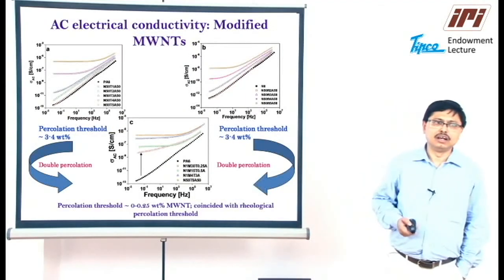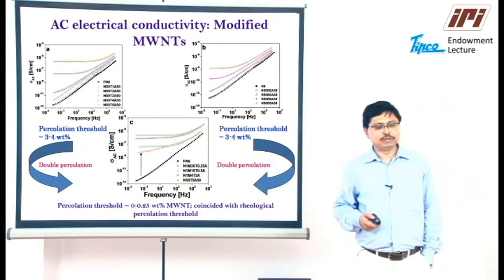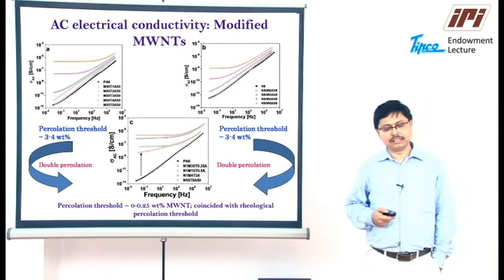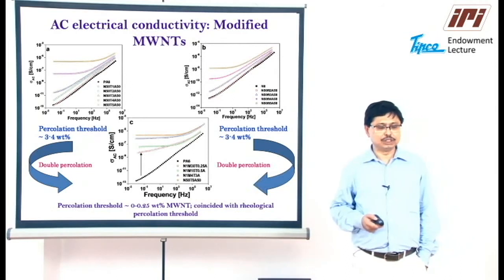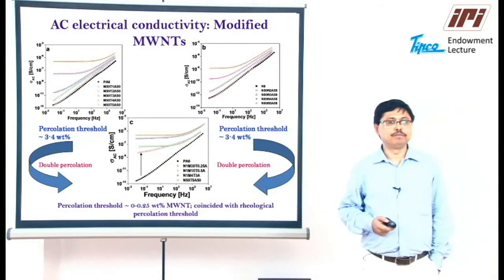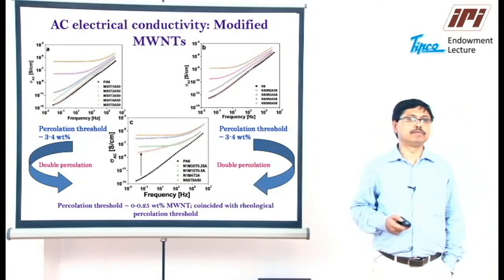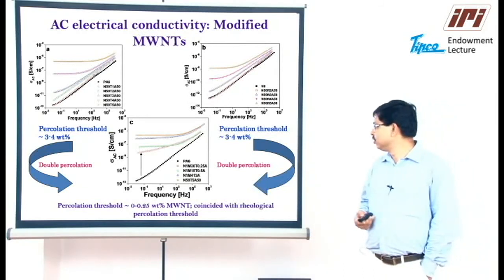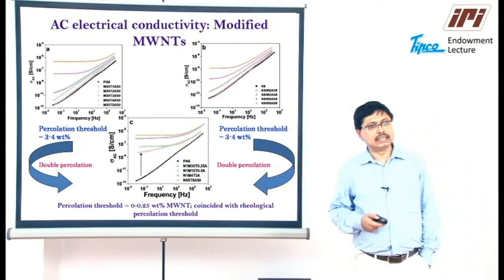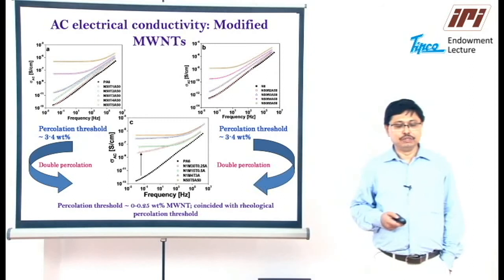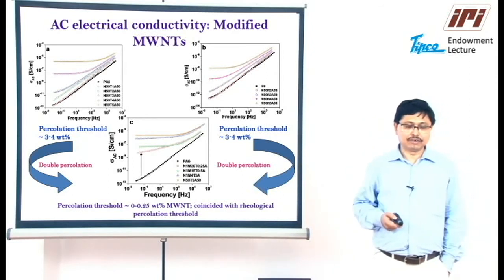In this particular composite material, where NaHA modified multi-wall carbon nanotubes have been used, we also measured the AC electrical conductivity, and it is observed that even at 0.25 weight percent of multi-wall carbon nanotubes modified with NaHA at a 1:15 ratio, an electrical percolation threshold is observed, which coincides with the rheological percolation threshold.